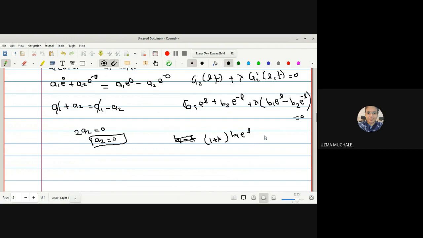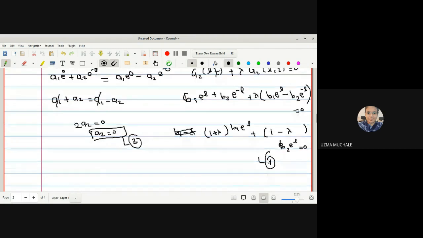Plus, if I take b2 e raised to minus l common, it remains with 1 minus lambda, which is equal to 0. Now we have to name these as equations. Say this is equation number 3 and this is equation 4.